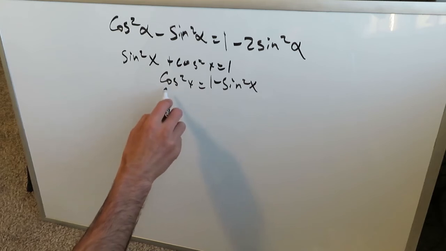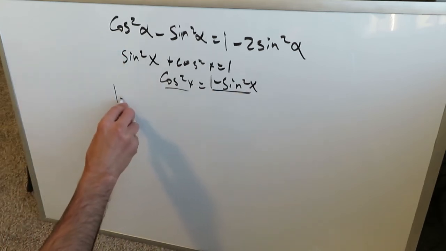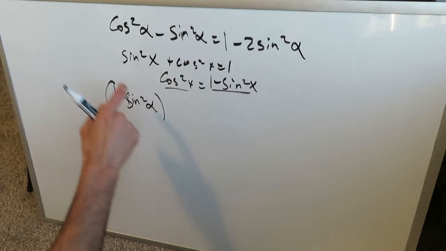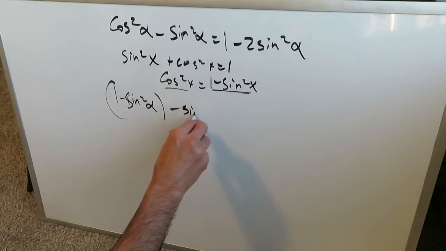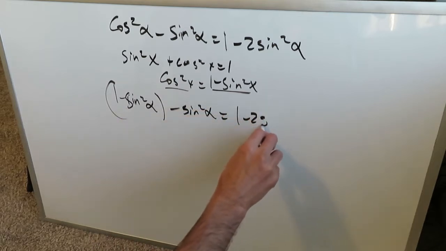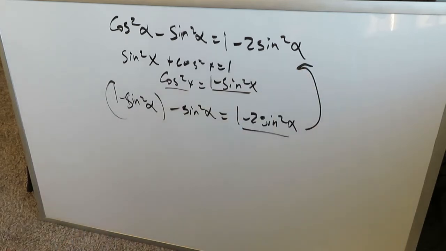If you substitute this right over here, you get 1 minus sine square alpha minus sine square alpha, and you solve this out, you get 1 minus 2 sine square alpha, and you would be proving that the left and the right side were indeed equal, and you'd be done.